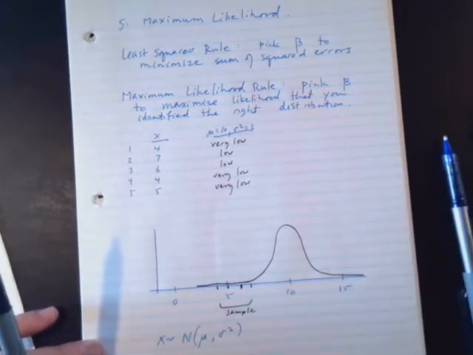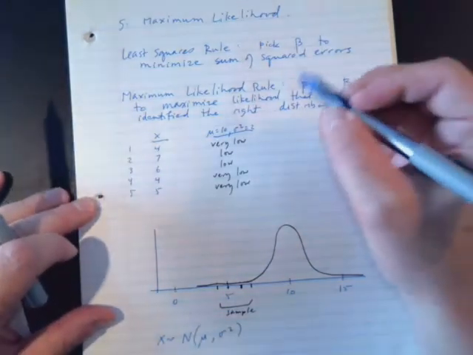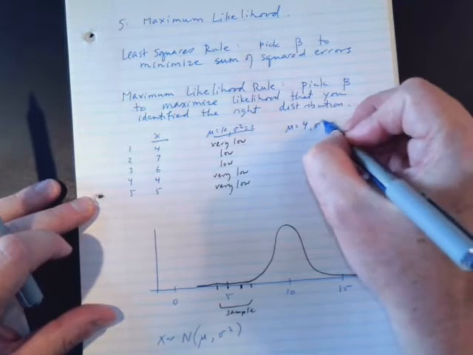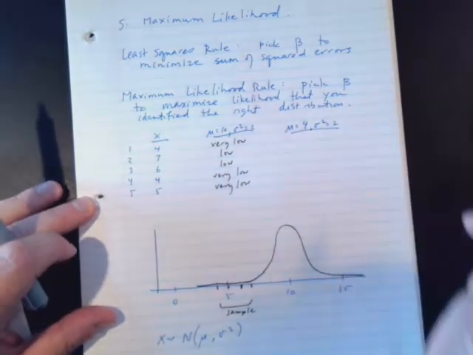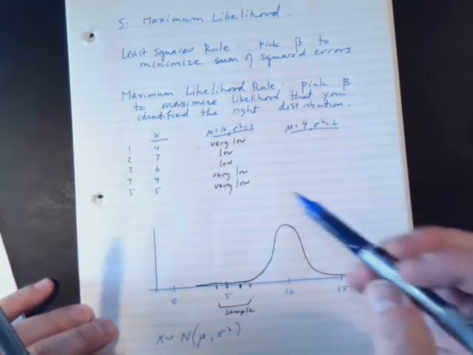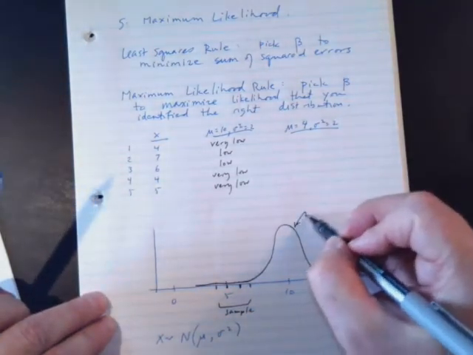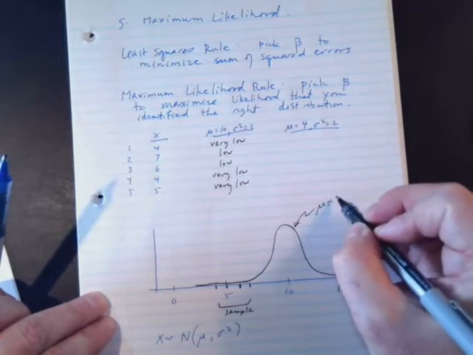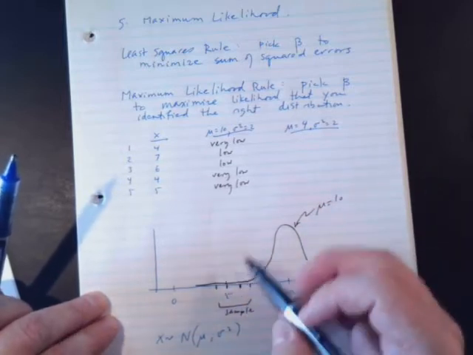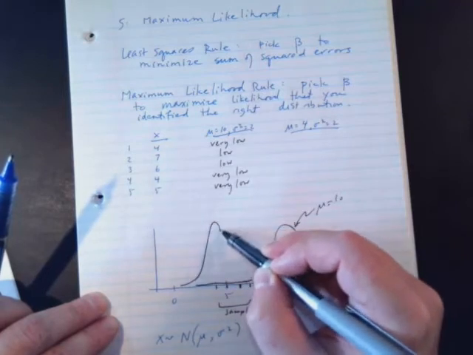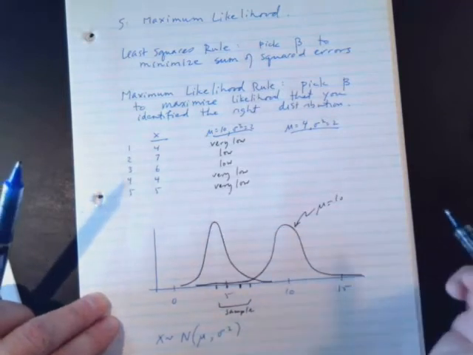Well, now let me pick a different distribution. Let's say mu equals 4 and sigma squared equals 2. All right, well, that's mu equals 10. So now we're going to have our distribution centered here.